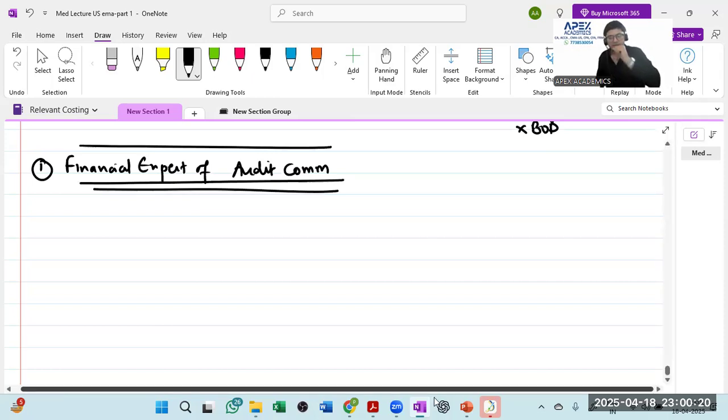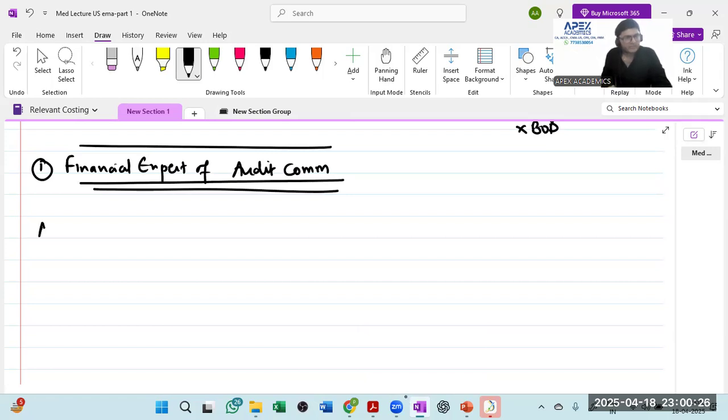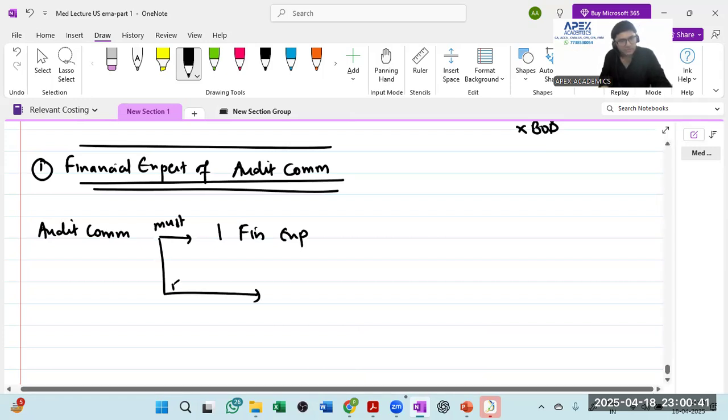Now, please try to understand one thing. The audit committee needs to have one financial expert. Agreed or disagreed? Please tell me that. It is a must. If not there, what will happen?